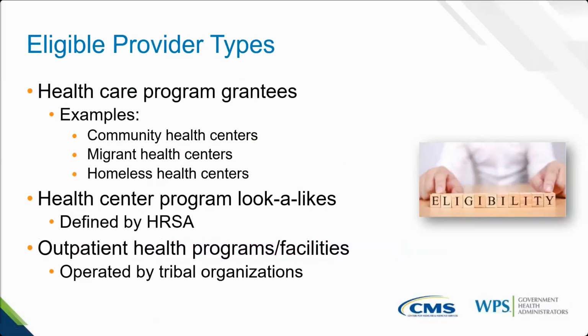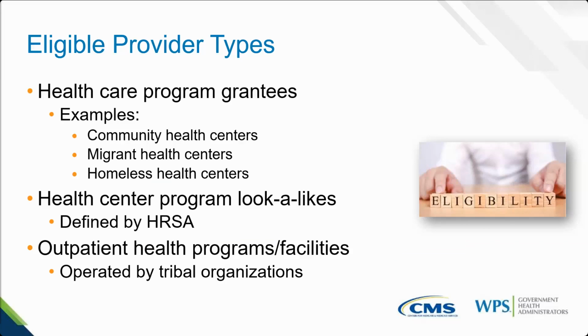So eligible provider types, keep in mind again, we're not talking about the individual providers, we're talking about the facilities when I talk about eligible provider type. Because again, the FQHC is going to enroll on that CMS 855A application. They're going to enroll very much like an inpatient facility, but again, it is an outpatient facility. So some examples would include healthcare program grantees.